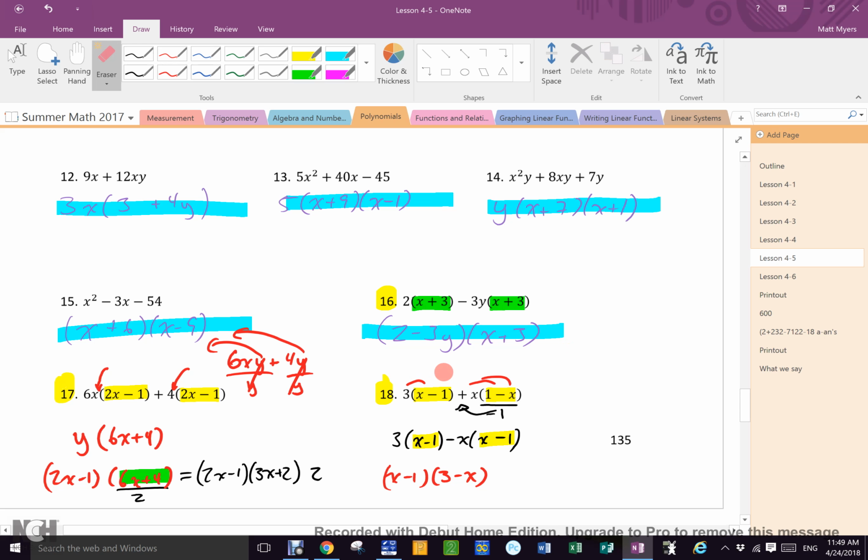But because you're good at GCF, it's easy for me to show you 3a minus xa. You see that a are in both of them. So the a comes out, 3 minus x. But a is x minus 1. Okay? That's why that works.